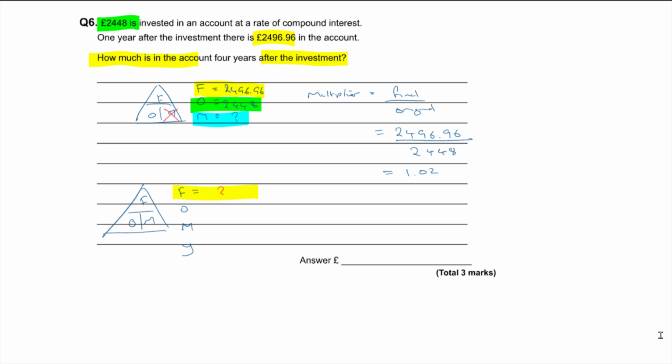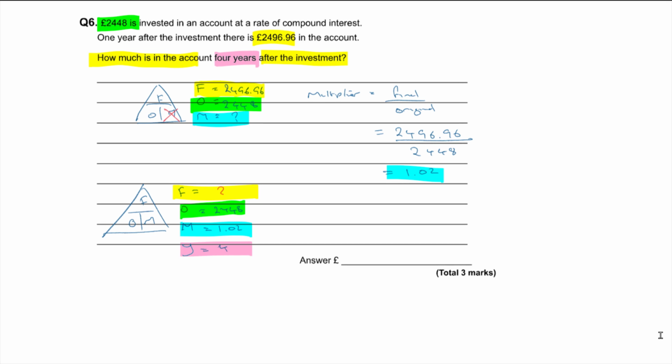The original is still the original that we had at the beginning, which is 2448. The multiplier is the multiplier that we found, 1.02. And the number of years is going to be 4 years from the question, so that's equal to 4.